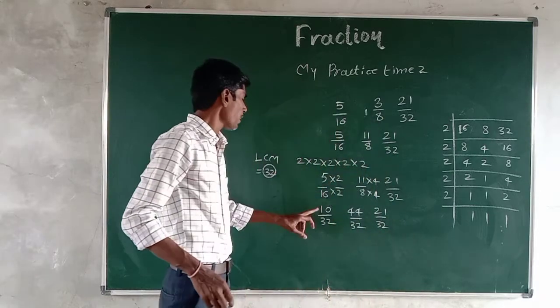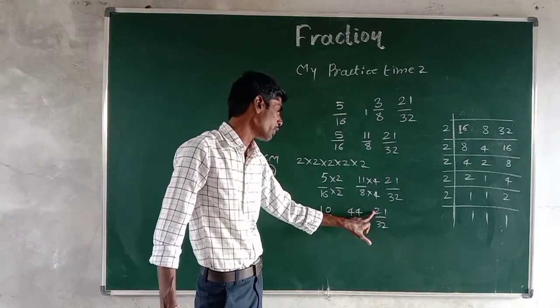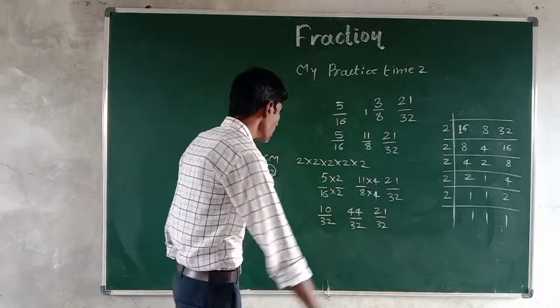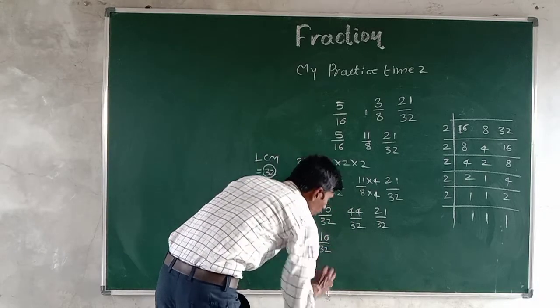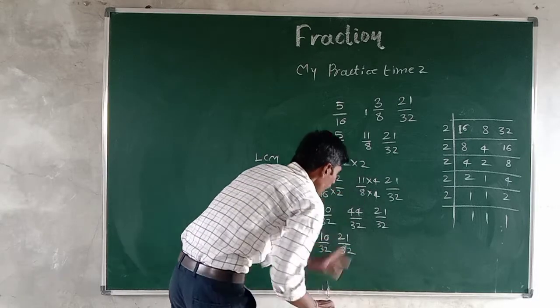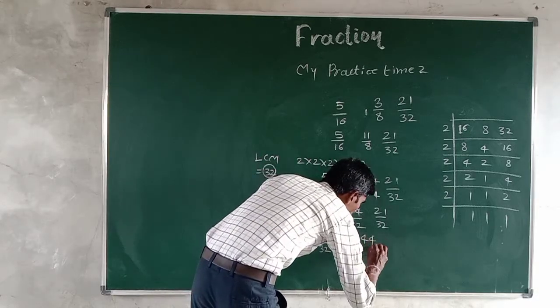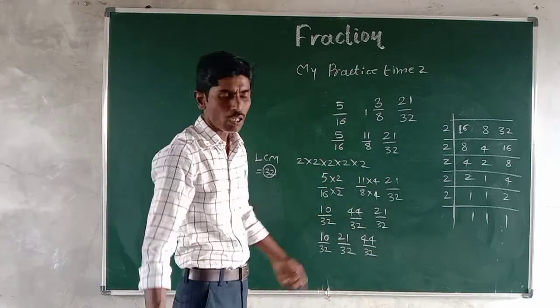Now 10 is smaller than 21 and 21 is smaller than 44. That's why 10 by 32 will come first, then 21 by 32 and then 44 by 32. So this is the way to write the ascending order.